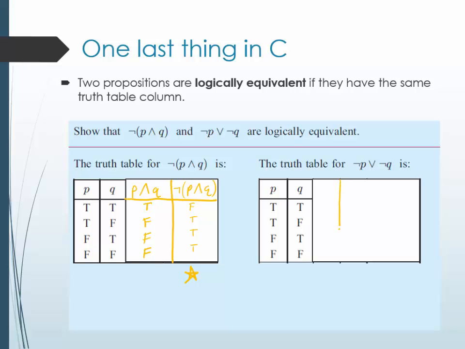So I'm going to put a column here, I'm going to put a column here, and then I'm going to put those two things together. Now here's what I'm going to do. I'm going to do negate P, I'm going to do negate Q, because those are two things that I'm going to look at comparing. Okay?